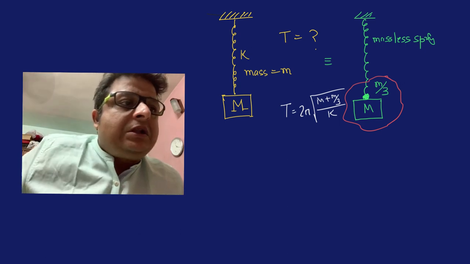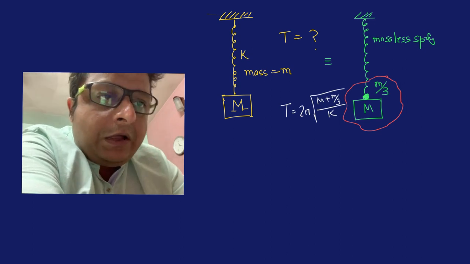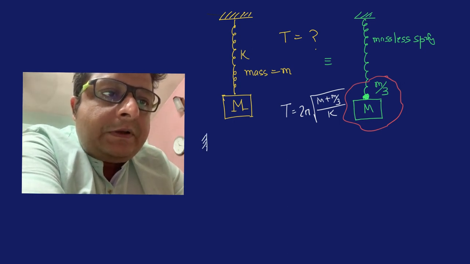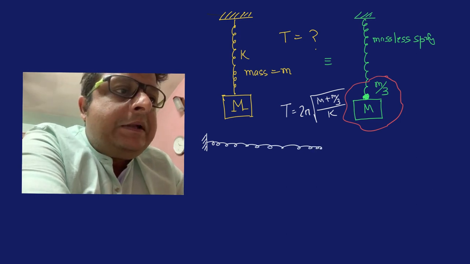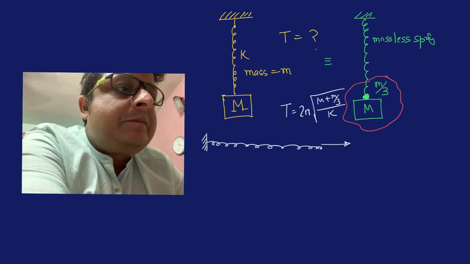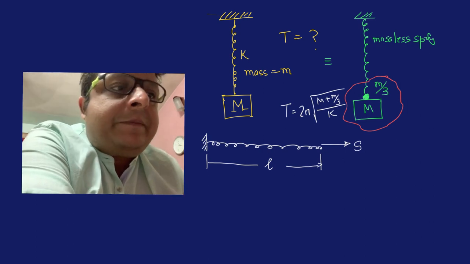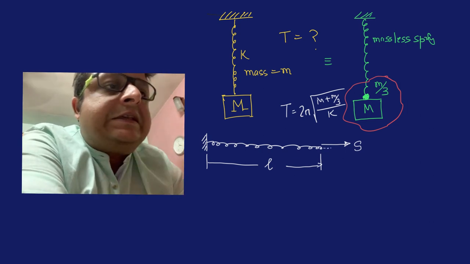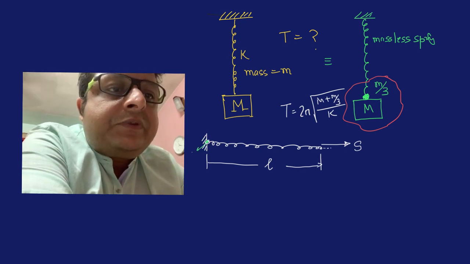Now, why is this 1/3 mass of the spring considered here? So now I'll prove it with this following diagram. Say there is a spring, and say this end of the spring is stretched. Say the length of the spring is L, and this end of the spring is stretched by S. So the change in length is S. This is a fixed end of the spring.